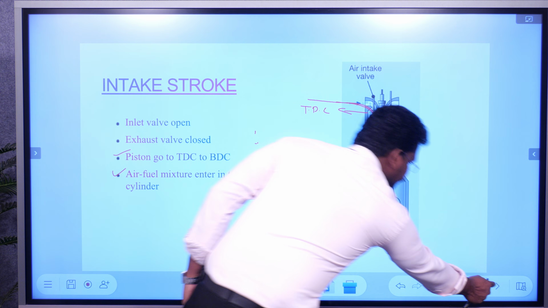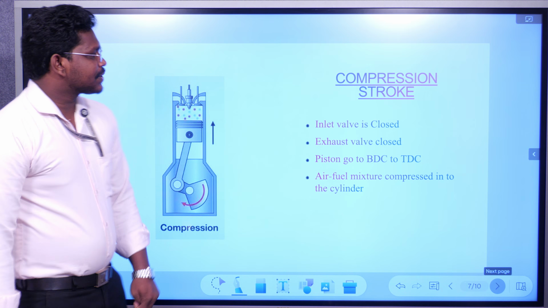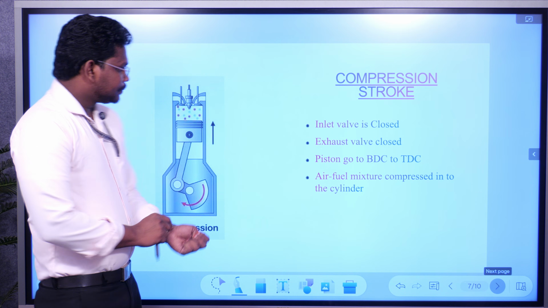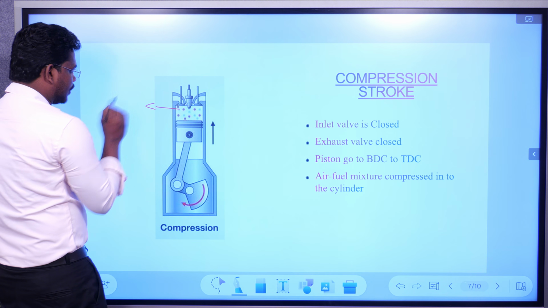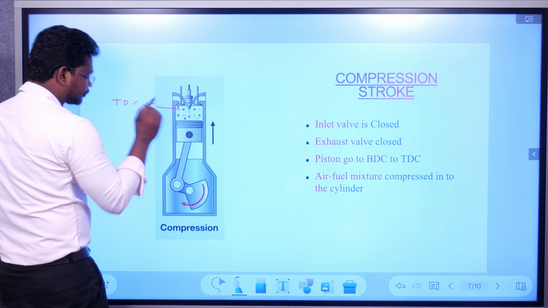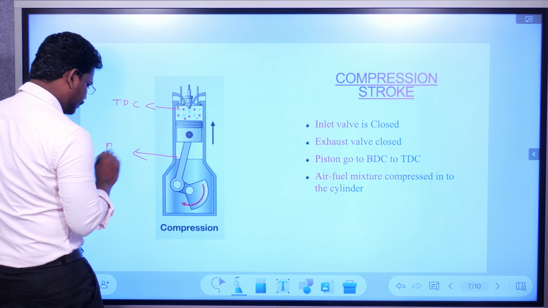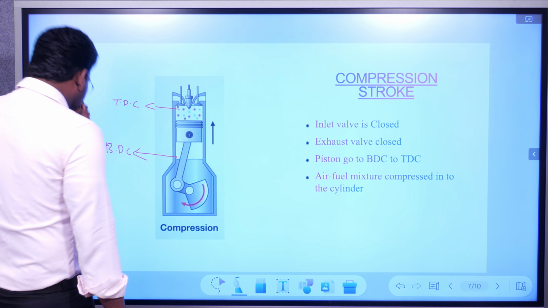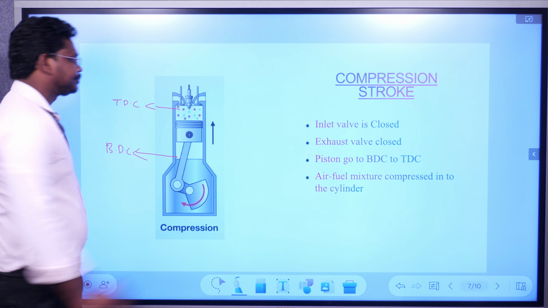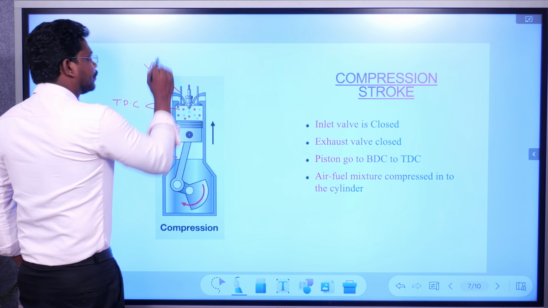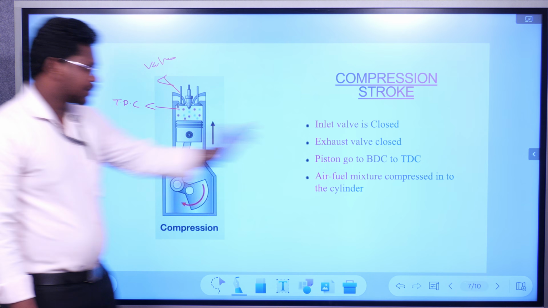Next, the second stroke, the compression stroke. In this figure of the 4-stroke diagram, this position is TDC and this position is BDC. TDC means top dead center, BDC means bottom dead center. Valves: inlet valve and exhaust valve.